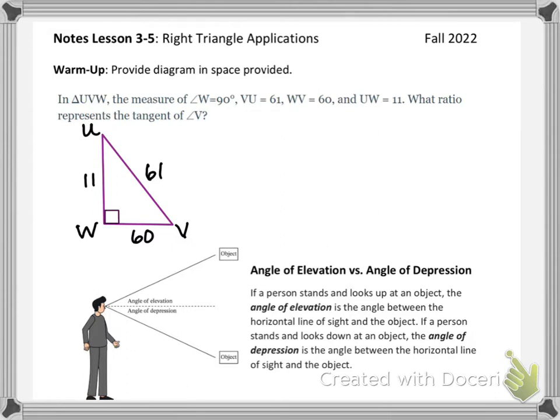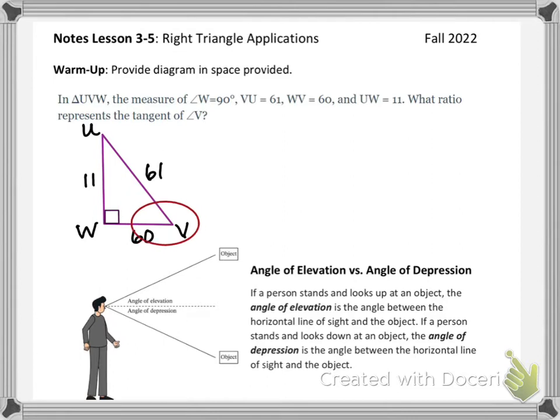So always label your sides with adjacent, hypotenuse, and opposite. Now, that requires us to make sure we understand from what reference point we're standing. So the angle V is where we are going to be standing.